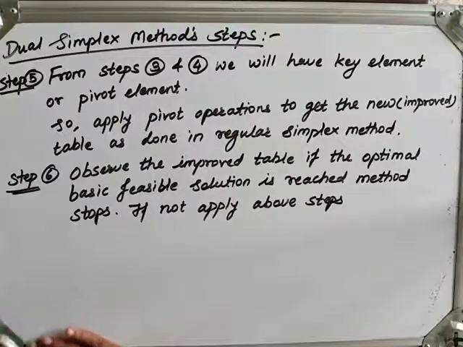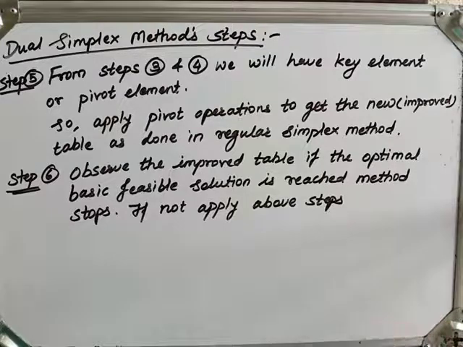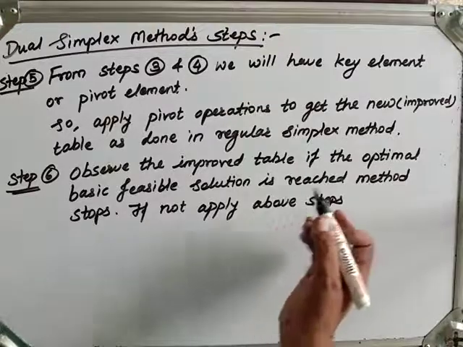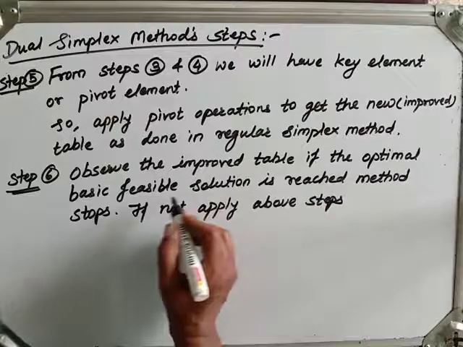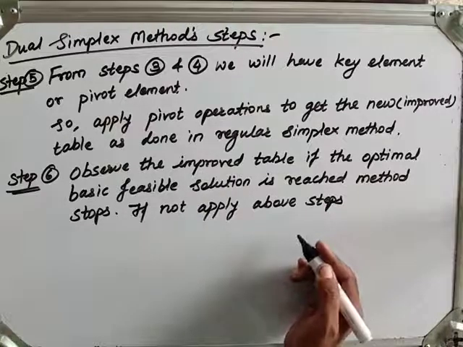Once we get the pivot column, we get the pivot element. We make that pivot element 1 and the other elements of the corresponding column 0. Then again we check for the optimal basic feasible solution by finding del j, that is Cj minus Zj.